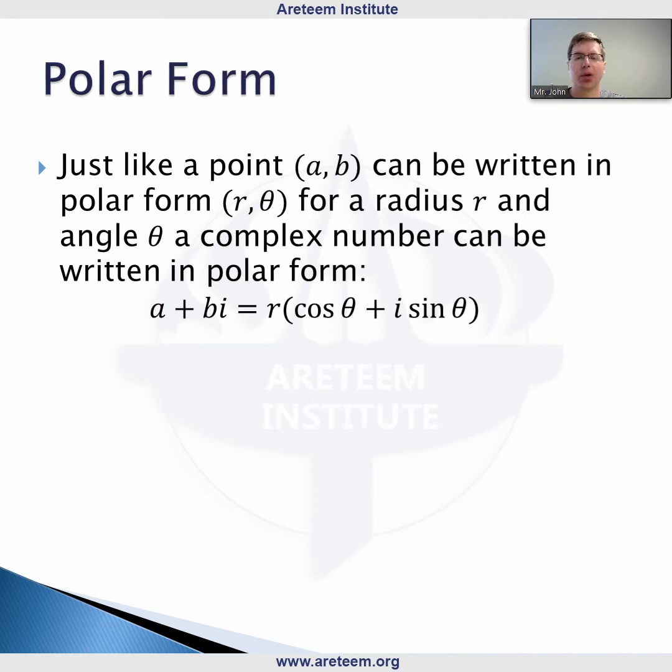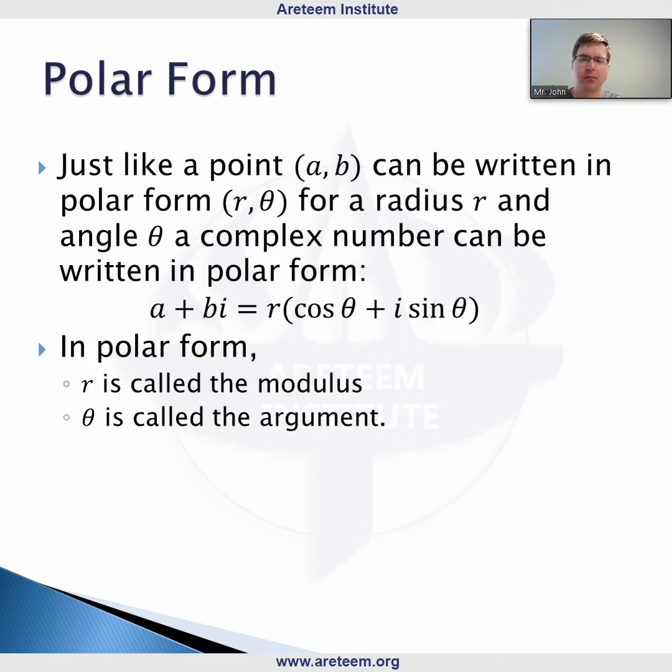The number a + bi turns into the number r times (cos θ + i sin θ). The wording is slightly different than normal polar form. Here we refer to r as the modulus, and θ is what we call the argument.